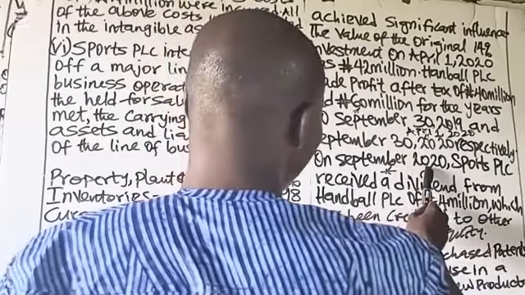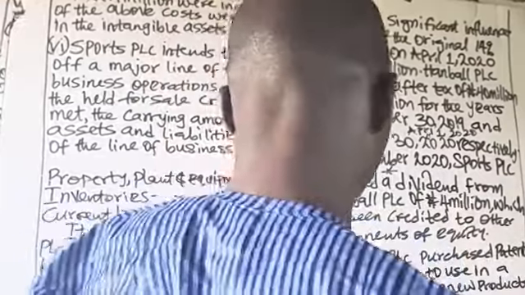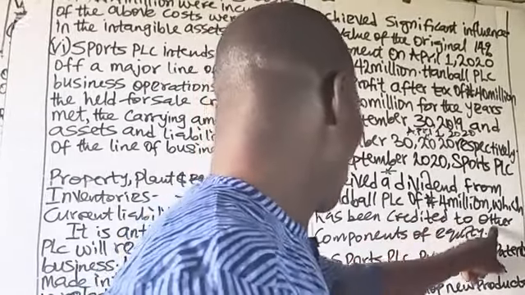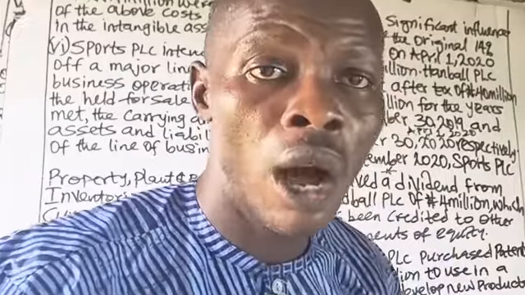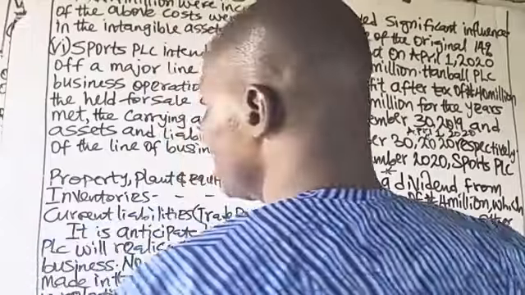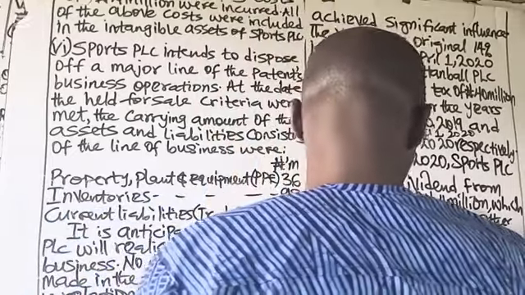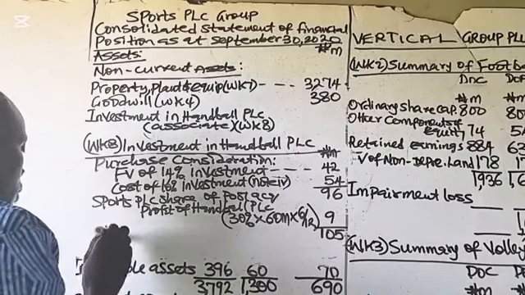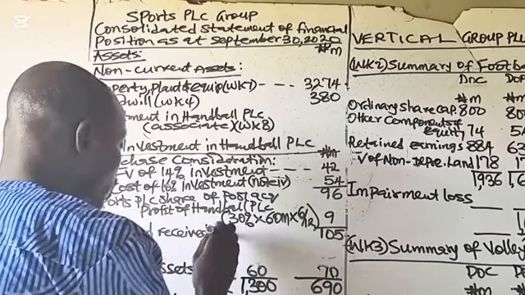Now, back to note 5. On September 2020, Sports PLC received a dividend from Handball PLC of 4 million, which has been credited to other components of equity. Since this dividend has been credited to other components of equity, what you do is credit the investment in associates and debit other components of equity with that 4 million. Dividend received from associate.